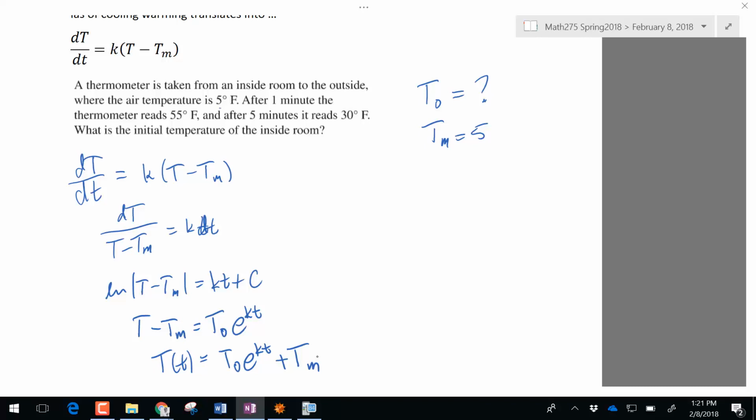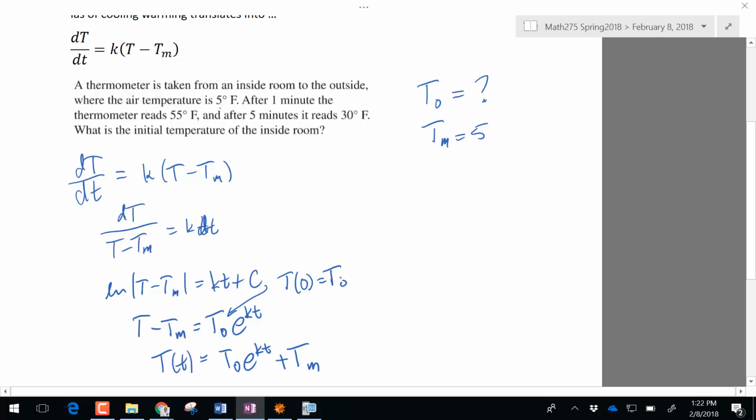Oh, yeah. So T0 minus Tm. So over here, you want T, wait, do we want T of 0? Yeah, so at time 0 we want T to equal T sub 0.